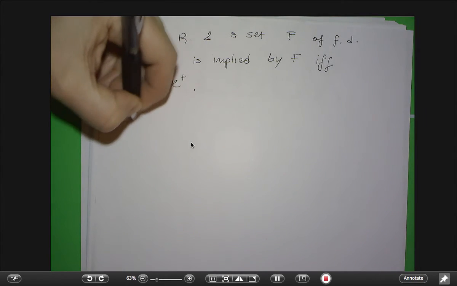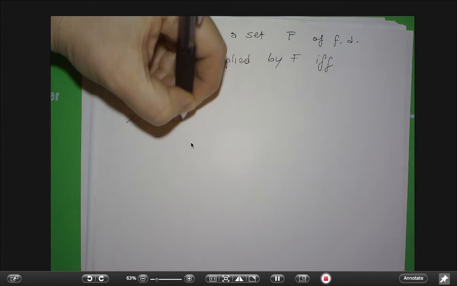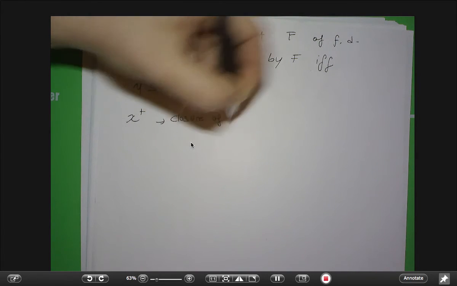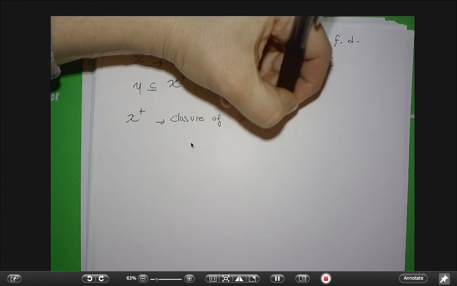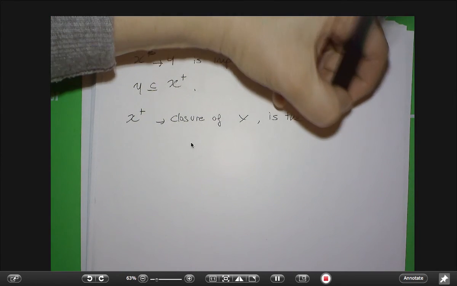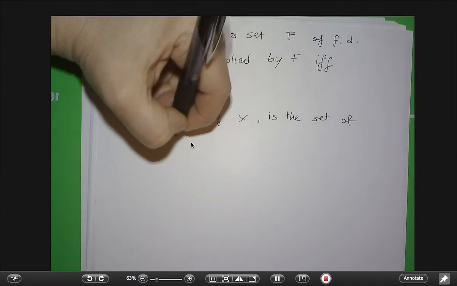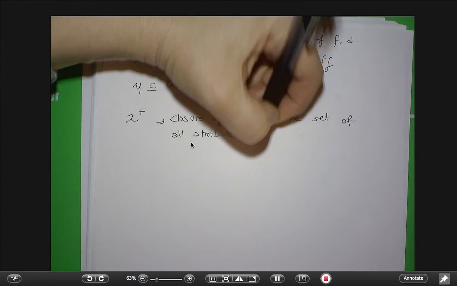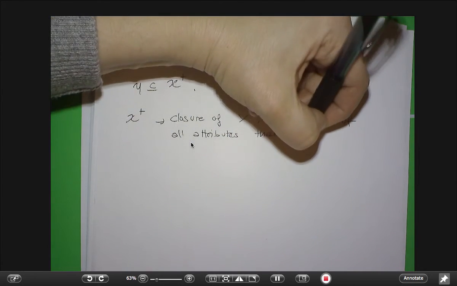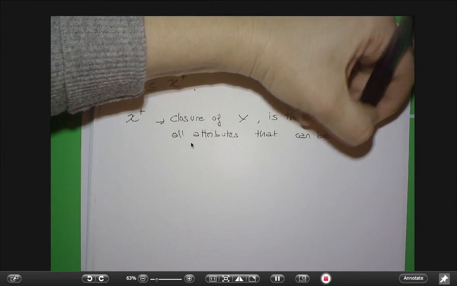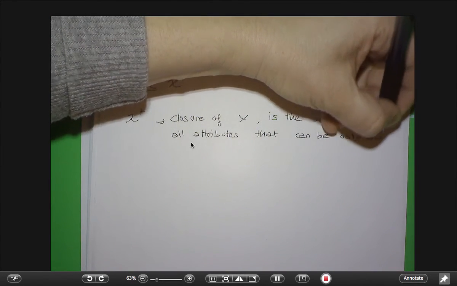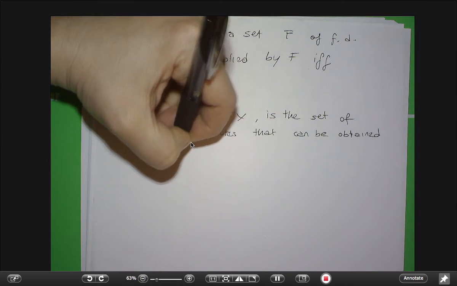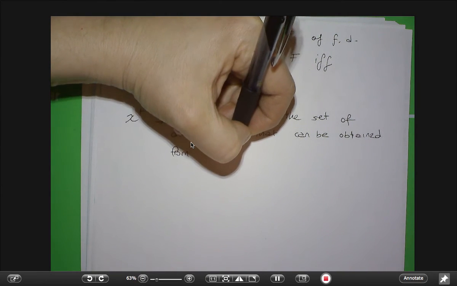So X plus, which is the closure of X, is the set of all attributes that can be obtained from X according to F.